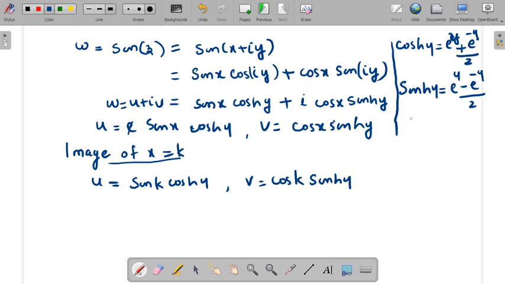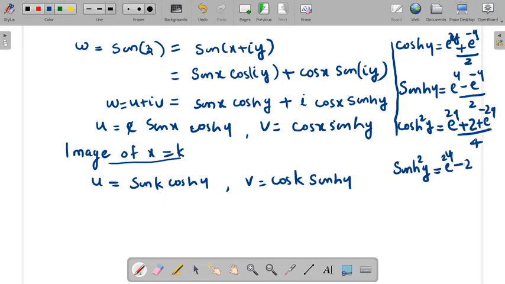So if you square this, we get cosh square y equal to e raised to 2y plus 2, because e raised to y and e raised to minus y cancel, plus e raised to minus 2y, divided by 4. And sinh square y will be equal to e raised to 2y minus 2, a minus b whole square, plus e raised to minus 2y divided by 4.